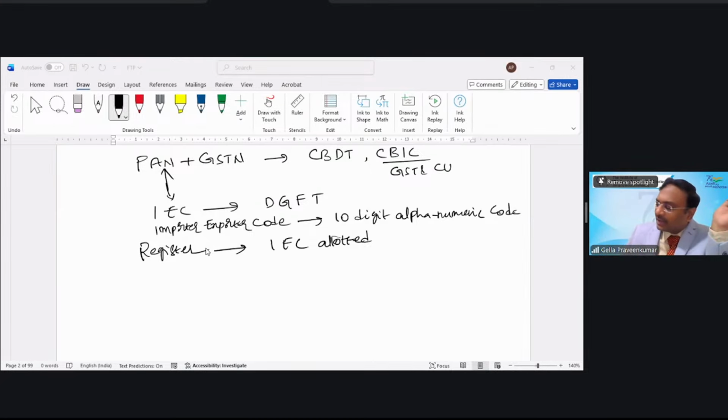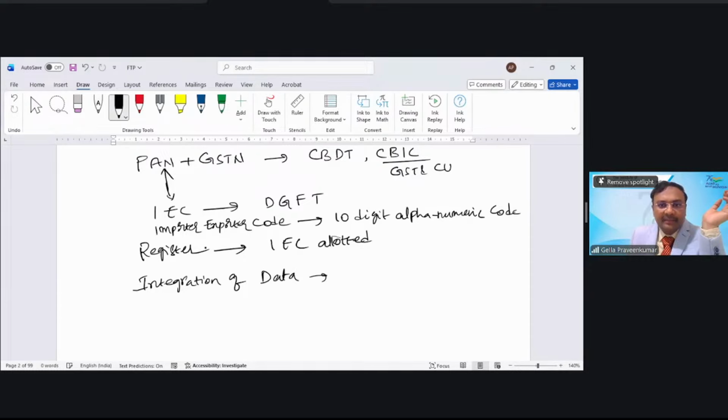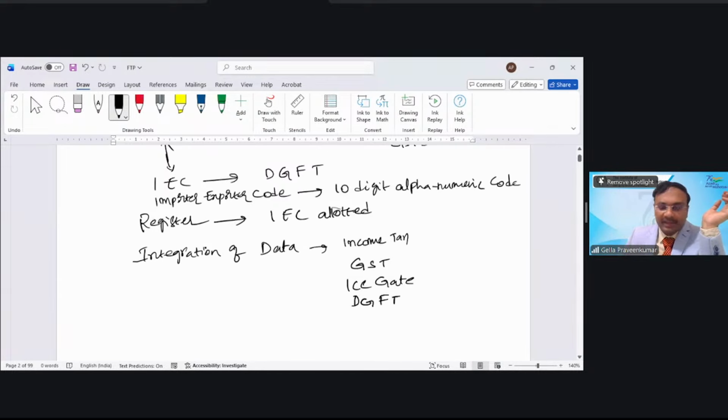Of late, after the integration of data between your income tax, your GST, your ICEGATE, and your DGFT, and to some extent ROC, this integration made a platform where my IEC is akin to PAN.